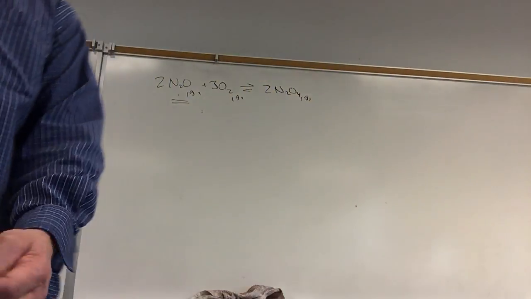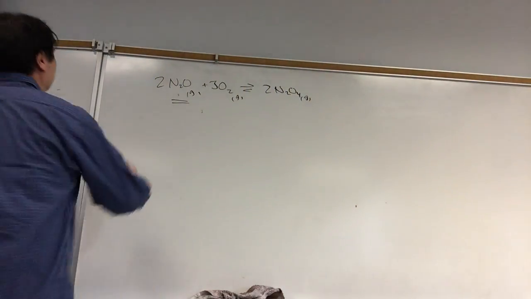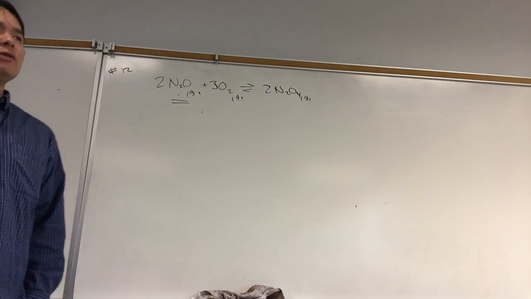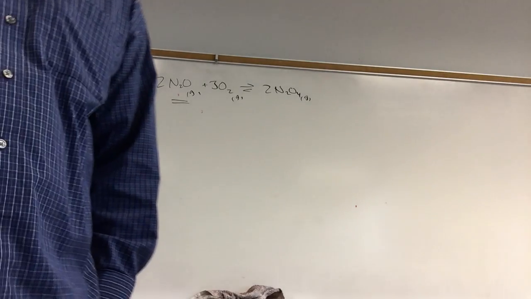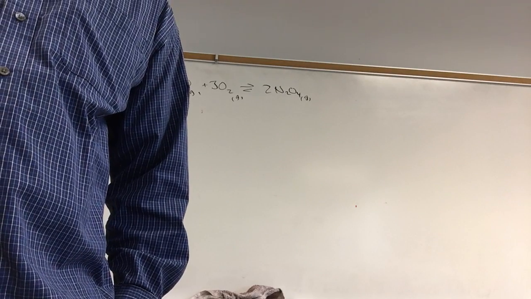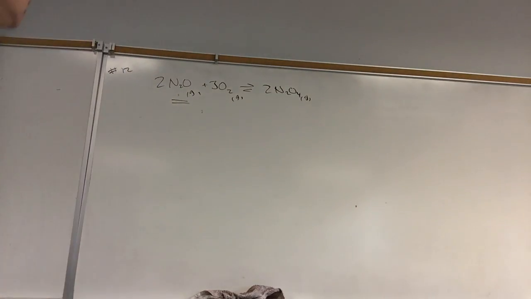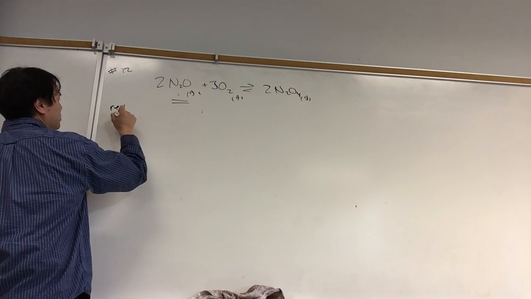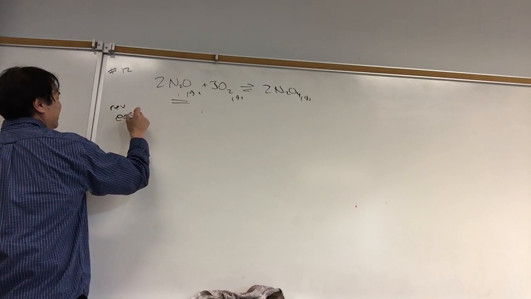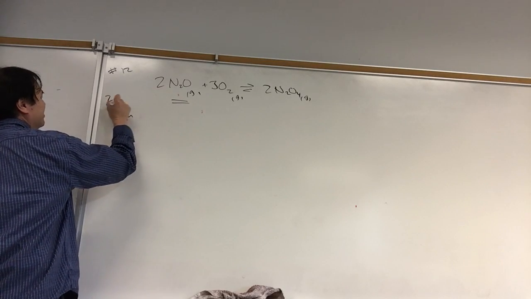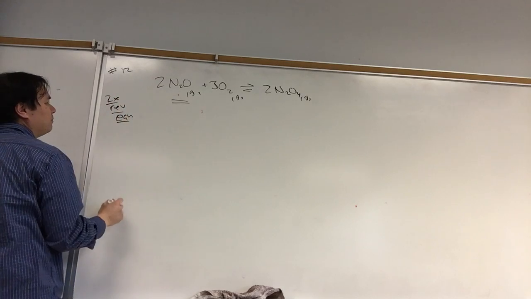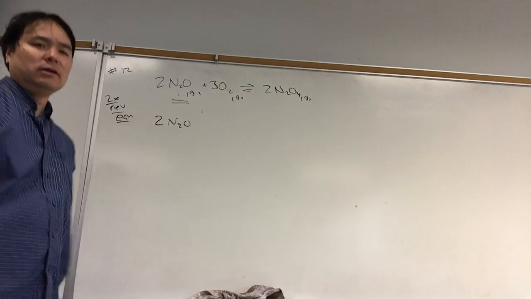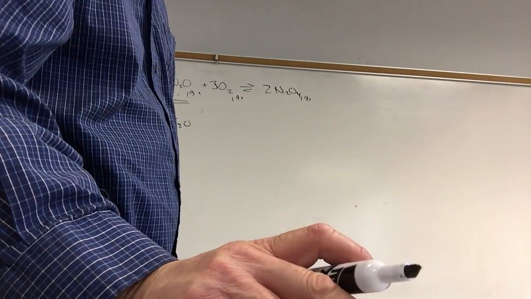And this is number 1. And so in order to get N2O, what I could do is I could reverse the first equation and double it. And so I'm going to reverse equation 1, okay, and double it. So 2 times the reverse of equation 1. And so that's going to give me 2 N2Os here if I reverse this.